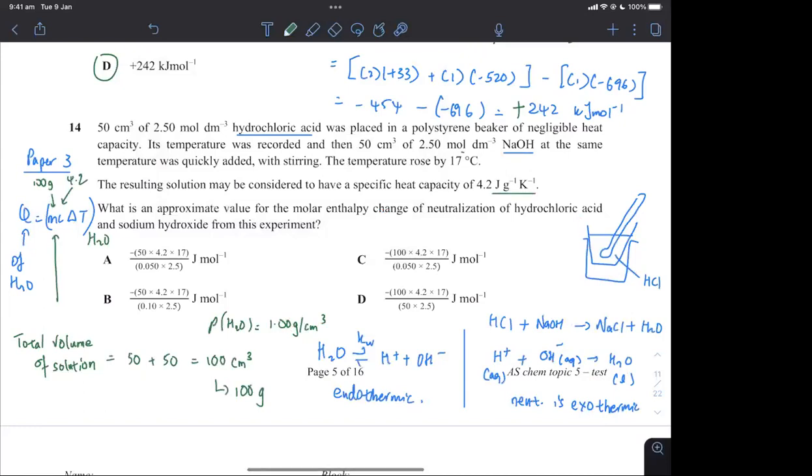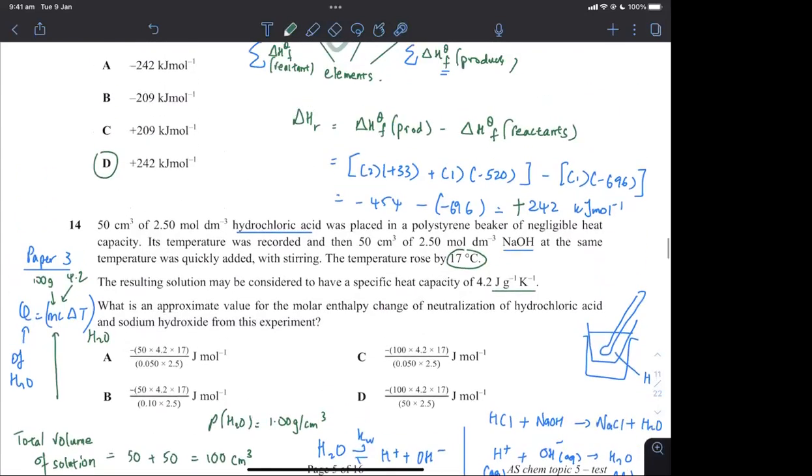Now this temperature rises by 17 degrees Celsius, and this is okay because all of these are 17, but sometimes people like to add 273, and that is the biggest danger. The temperature rose by 17 degrees Celsius. If you have Ti and then Tf, this is temperature in degrees Celsius.